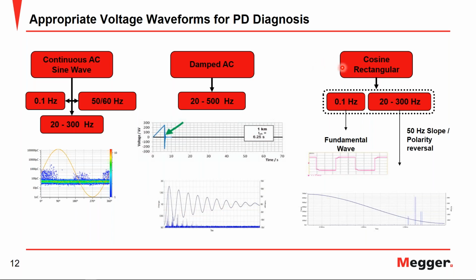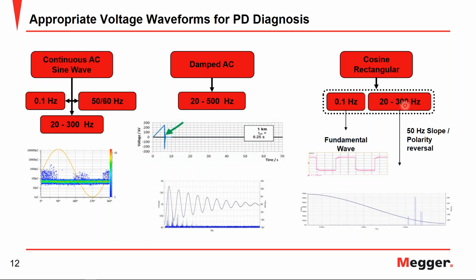The final one is our cosine rectangular. The cosine rectangular is unique in that it actually has two components. The fundamental frequency is this 0.1 hertz, that VLF frequency, so you still have that VLF in there. But upon your polarity reversal, and similar to your damped AC, you are actually creating a resonant frequency, depending upon the inductance of your test set and the capacitance of your test cable.